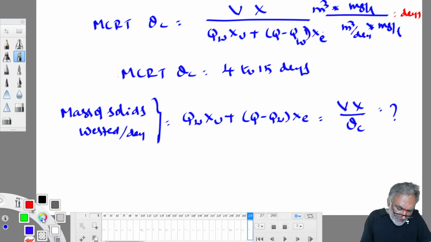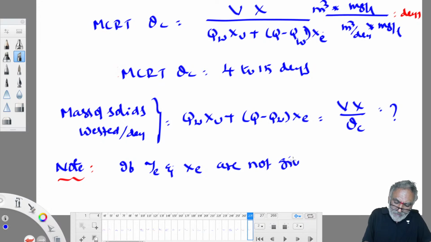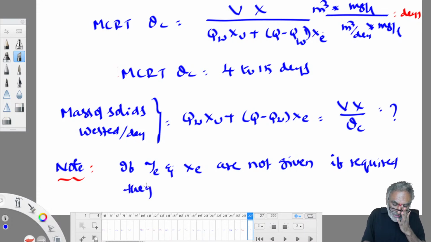Two parameters in this equation you can take as 0 if required: one is YE and XE. If YE and XE are not given, if required, they can be taken as 0.